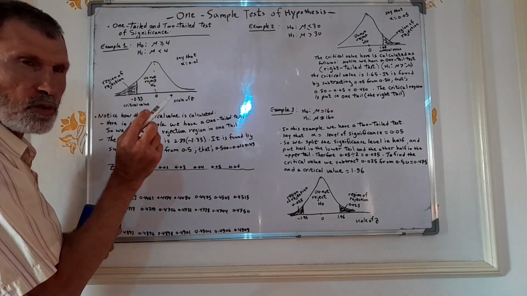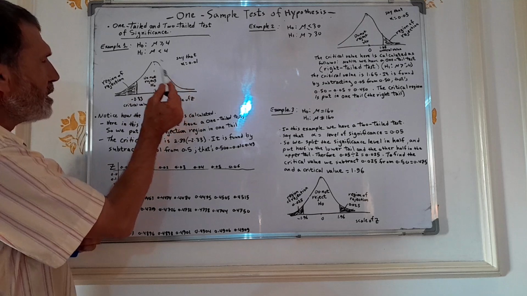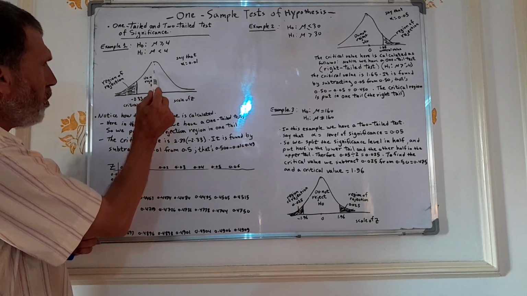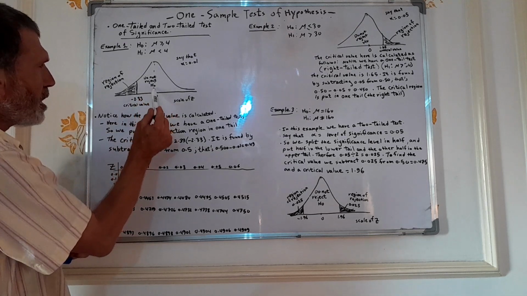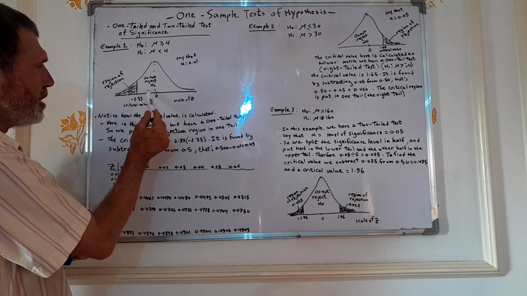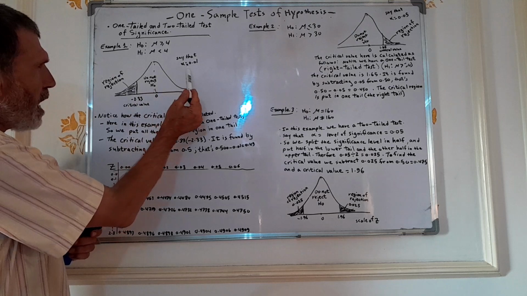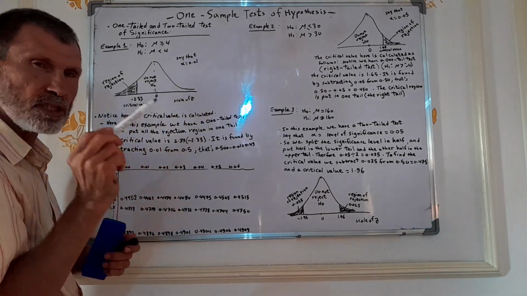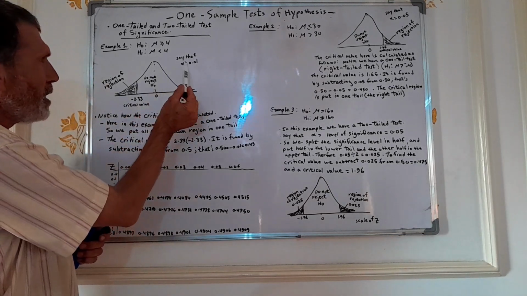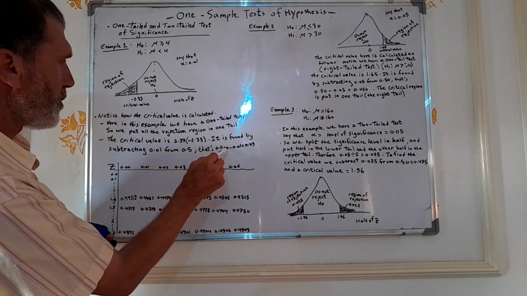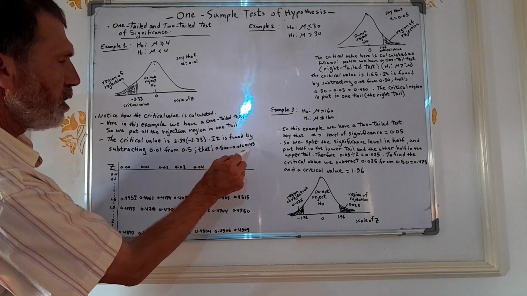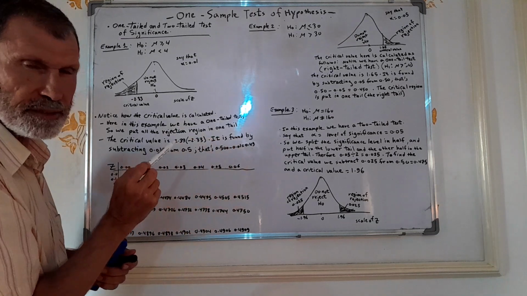So we subtract from 0.5, the whole area under the lower half of this curve, 0.01. We say 0.5 minus 0.01, and we get 0.49.